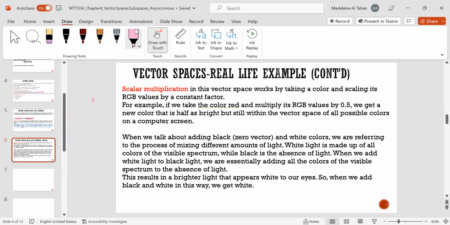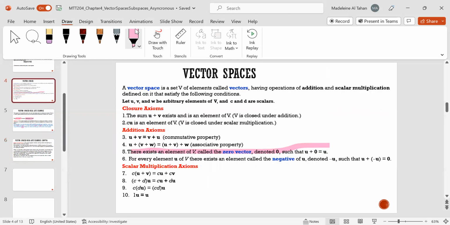So let's combine the black with white. The black is the absence of light. We're adding it to white, so logically we should get white, right? Similarly, if we add it to red, purple, blue, and so on. So we can check all these axioms, and finally we get a colorful vector space.